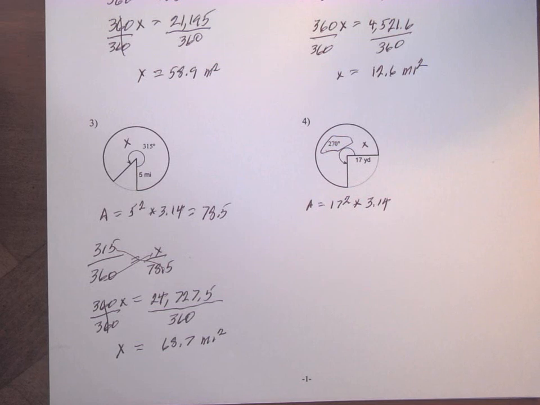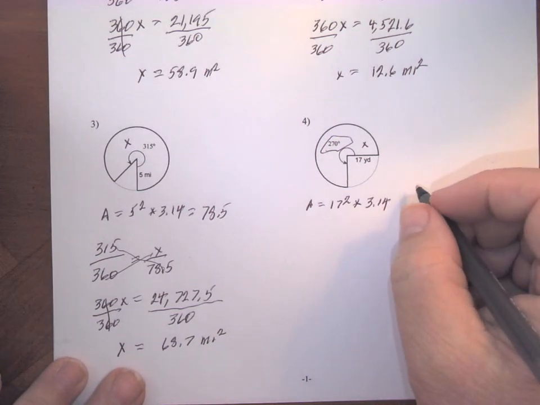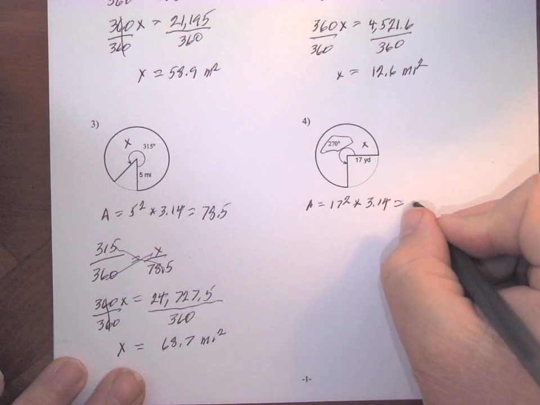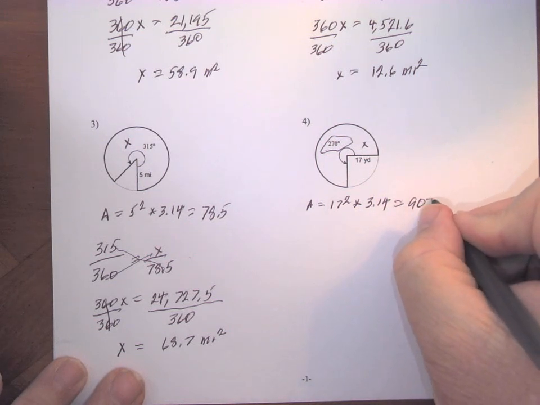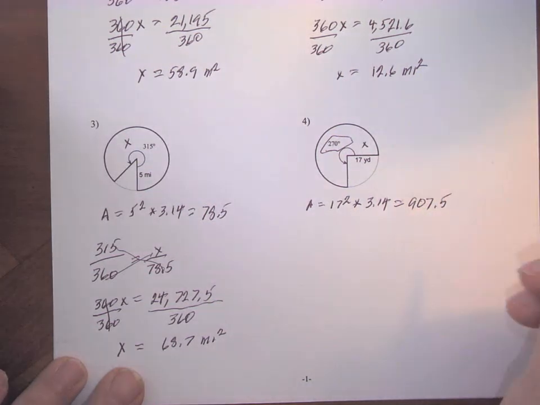So 17 times 17 times 3.14 gives us the total area here of 907.46. Why don't we just call it 907.5, just for the sake of argument.